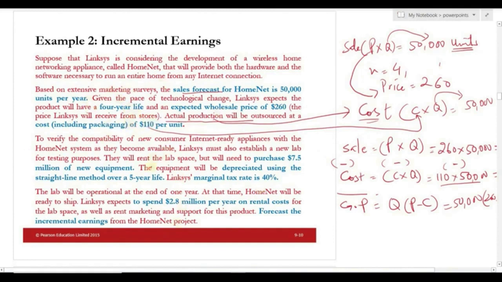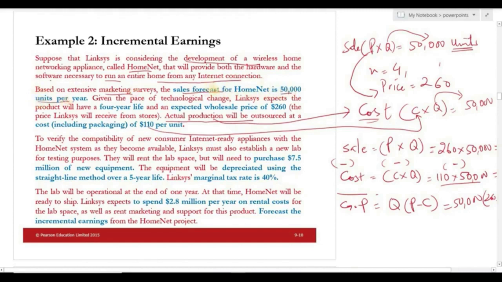Suppose that Link Systems is considering the development of a wireless home network appliance called HomeNet, that will provide the hardware and the software necessary to run an entire home from any internet connection. Based on extensive marketing surveys, the sales forecast for HomeNet is 50,000 units per year.